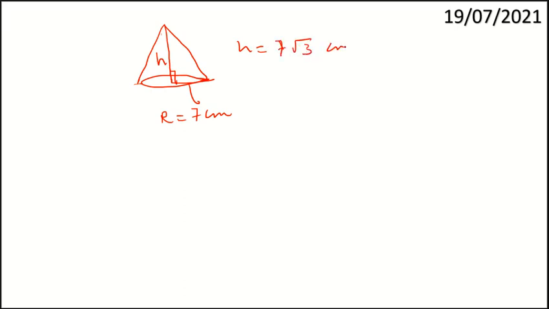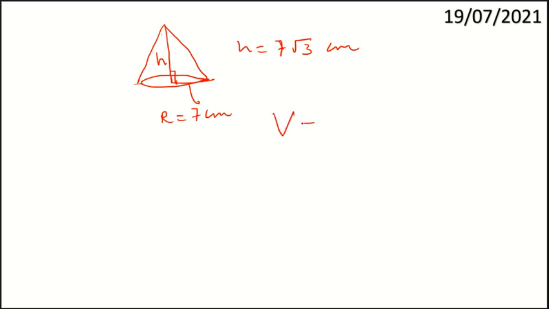Now, in a cone, the base radius you found as 7 centimeter, which we named capital R, and the vertical height H is 7 times root 3 centimeter.